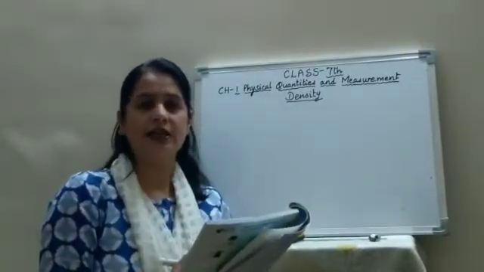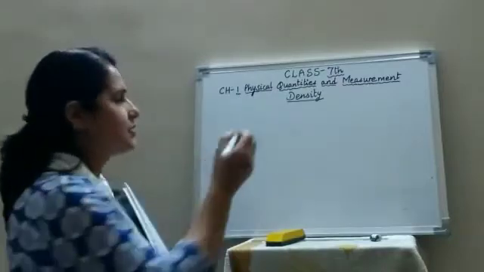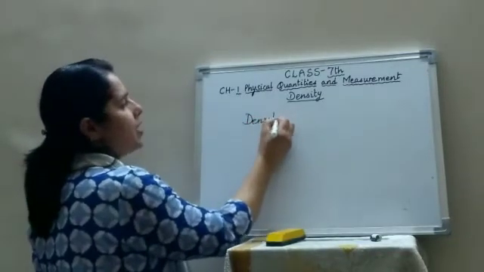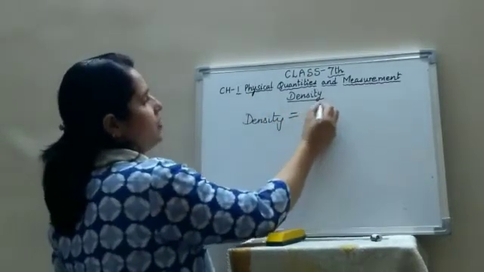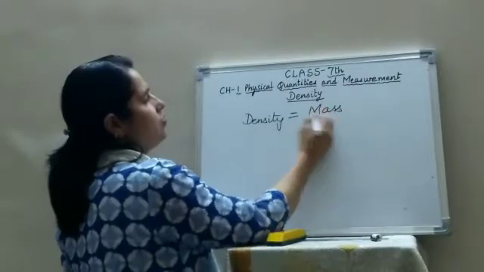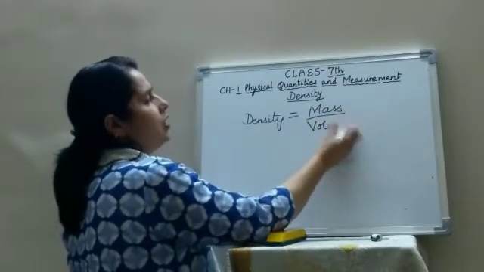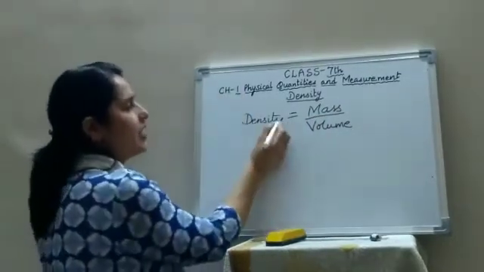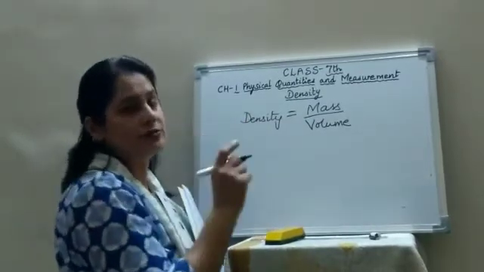So density is mass per unit volume of a substance. How will you define density? Mass per unit volume, and it is given by the formula density equals mass upon volume. That means density is inversely related to the volume of the substance.